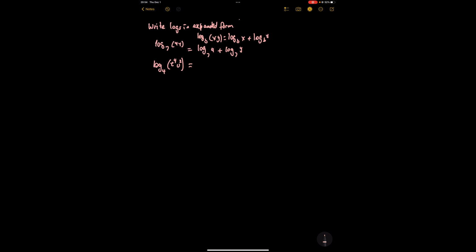So you're gonna write this as log 4 of t to the power of 4 plus log 4 of u squared. Now we're gonna do the power property. Remember, the power property says what? Okay, so this is the product property.